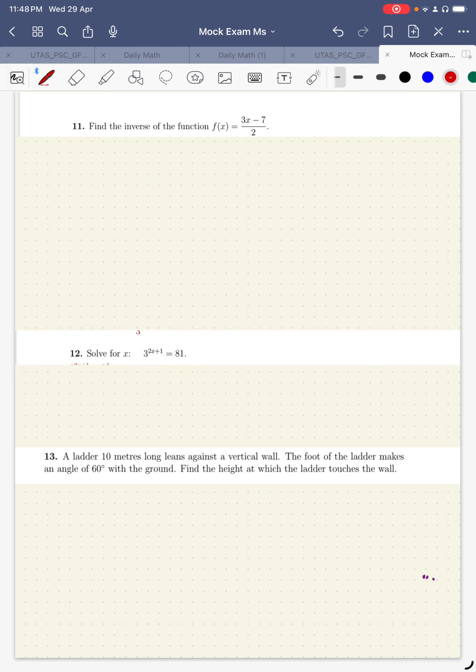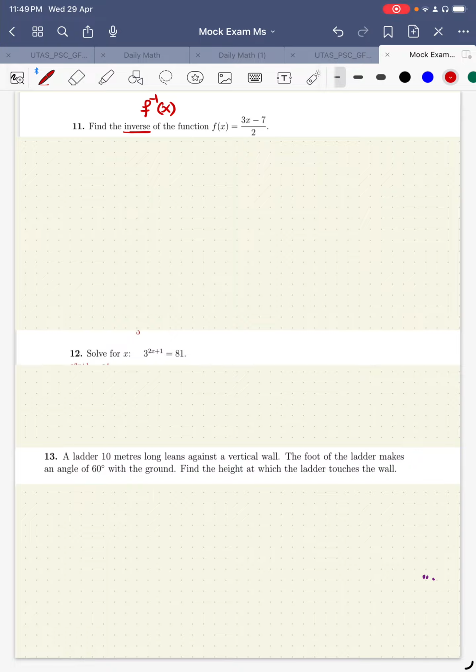Let's go to question number 11. Find the inverse of the function f of x equal 3x minus 7 over 2. So to solve this question, first let's remind ourselves, what does inverse function mean? It means this notation. We have seen it many times. How we gonna find the inverse function? First, we're gonna follow a few steps.